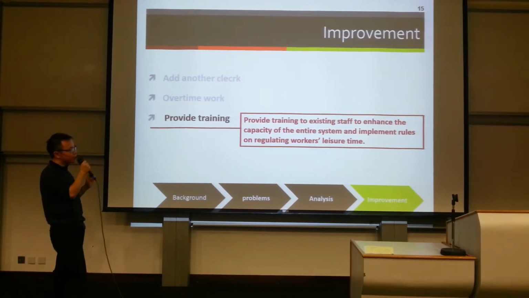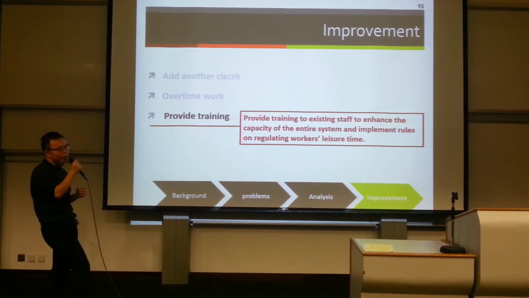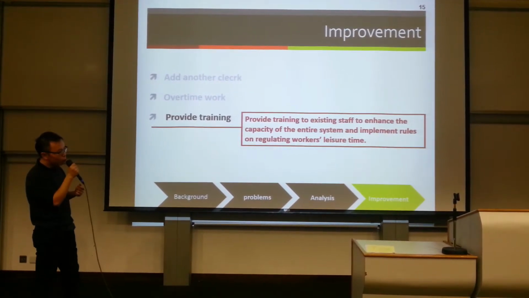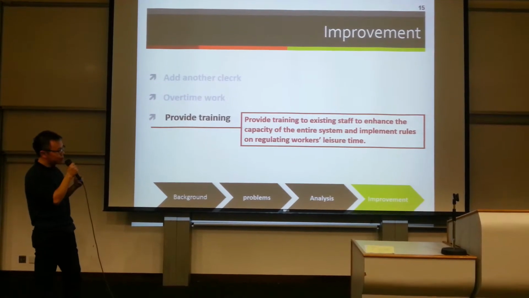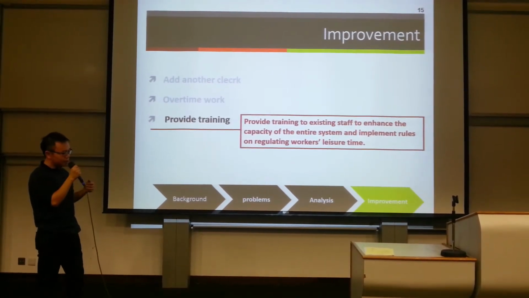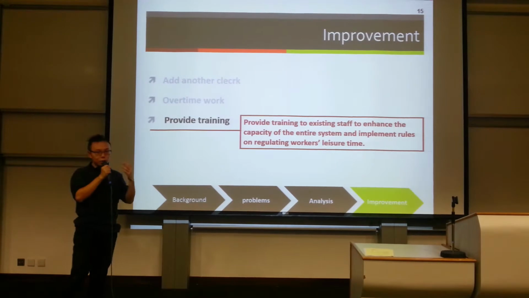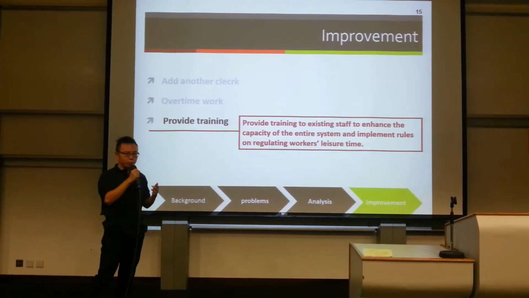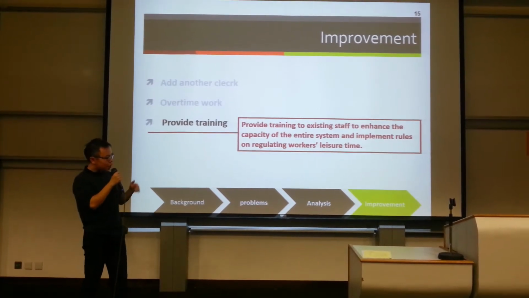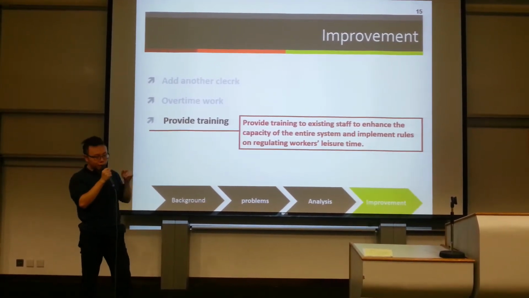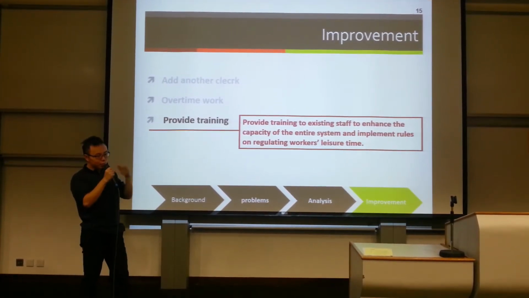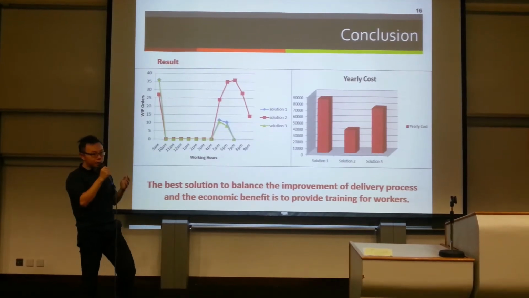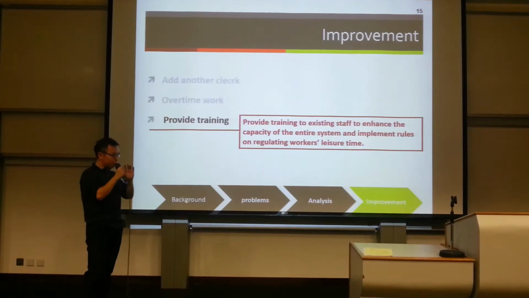Another part is that we can also hire some supervisors to regulate our workers in terms of leisure time, like when they want to smoke or take a break. That would decrease our efficiency, so we will spend more money to hire some supervisors to regulate them.